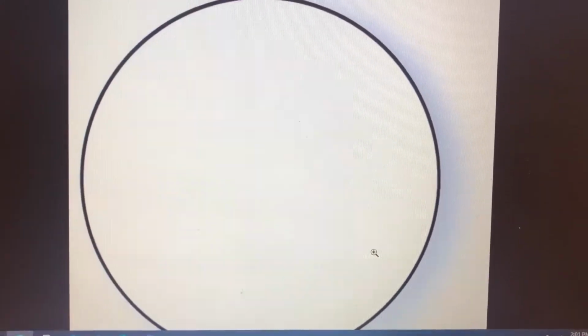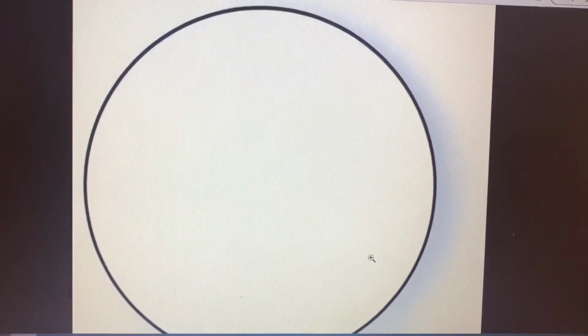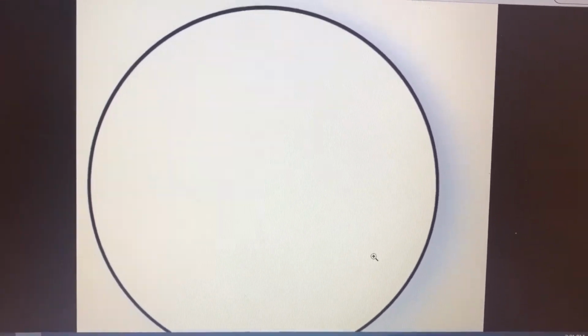It's like a circle drawn on a paper. Like this circle, that's 2-dimensional, right? There is no depth to it. But 3-dimensional figures have thickness. They have depth. They are not just a circle drawn on a paper or a square drawn on a paper.